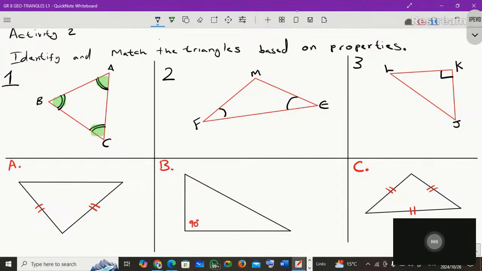So that means angle A is equal to angle B, which is equal to angle C. Okay, so now this triangle has to be equal to something. Remember, if angles are all equal, we call that an equilateral triangle. Hope it makes sense. We call it an equilateral triangle because all angles are equal.